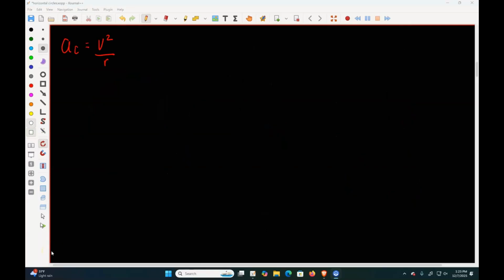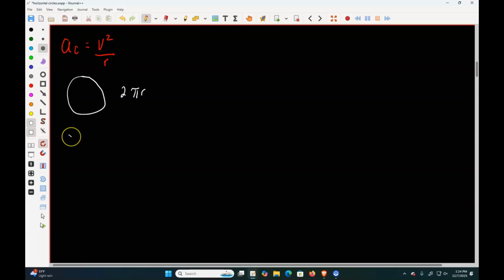All right, so we know this is going in a circle. So the circumference of a circle is 2 pi r. Okay, so let's see if we can put this into the above equation here.